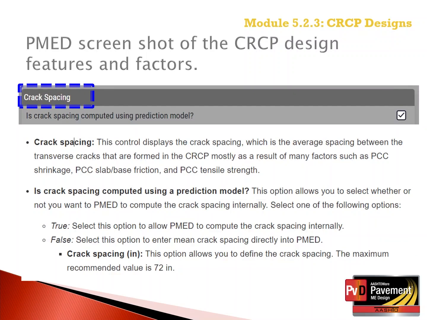Next is crack spacing. Basically, this control displays the crack spacing, which is the average spacing between the transverse cracks that are formed in the CRCP, mainly as a result of other factors such as PCC shrinkage, the concrete slab-base friction, and then the concrete tensile strength itself.